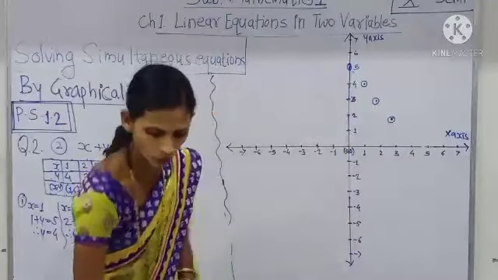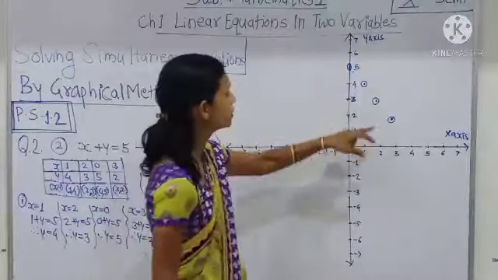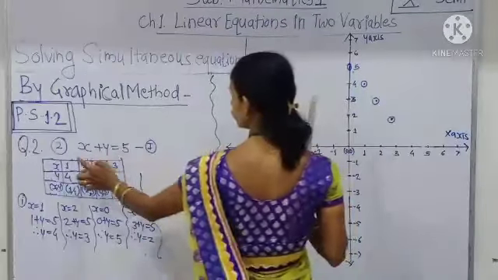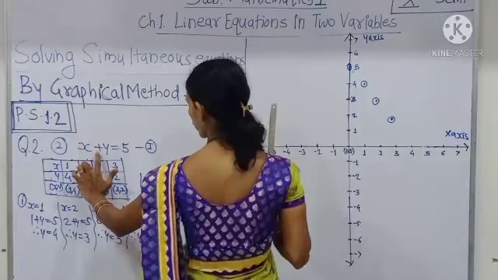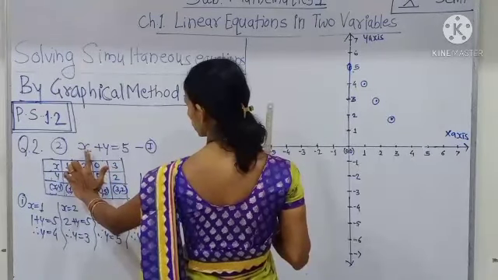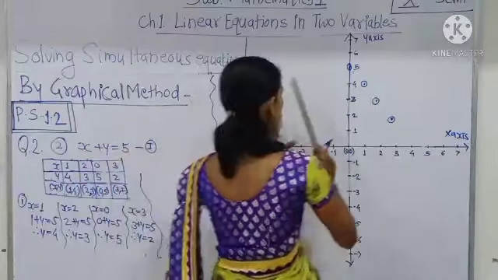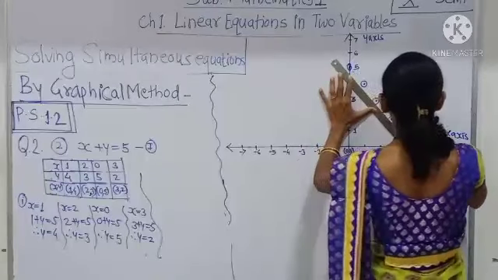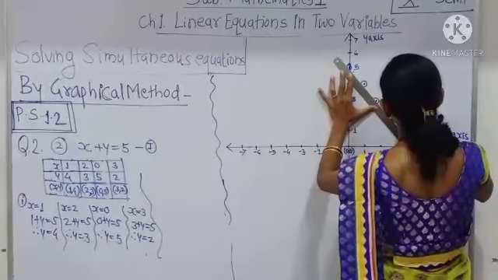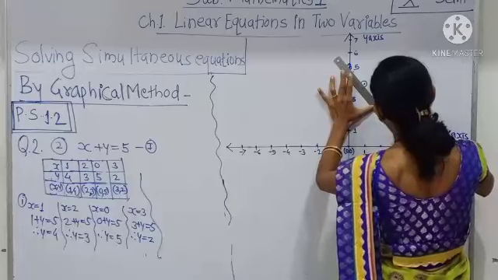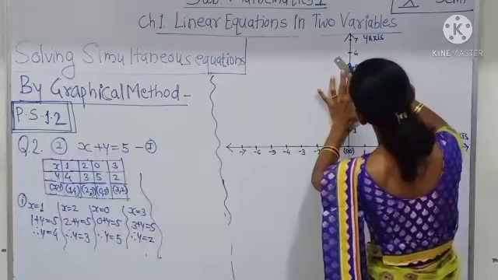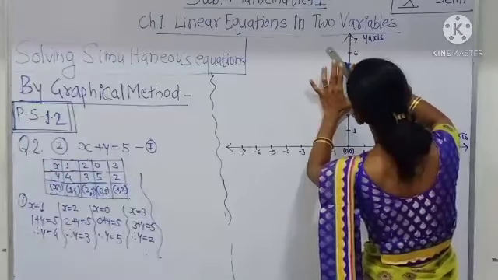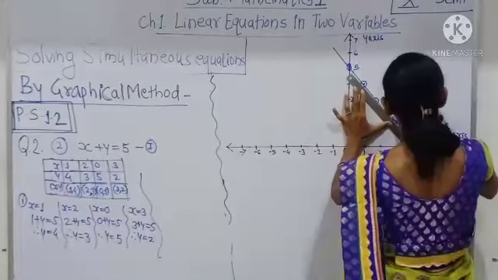Then we plot 4 points on the graph using these 4 ordered pairs of equation number 1, that is, x plus y is equal to 5. Then see here, all these 4 points should be on the same line.